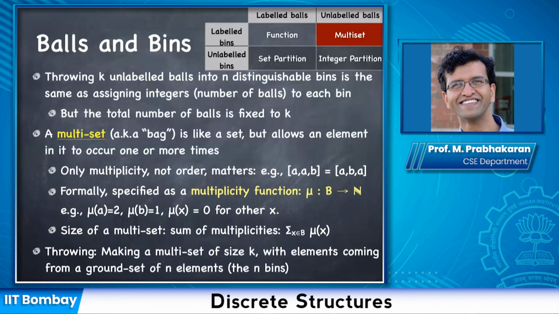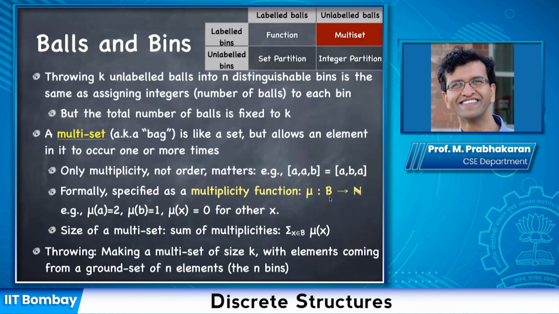Going back to our question of what it means to throw k unlabeled balls into n bins, it corresponds to making a multiset of size k, where the ground set consists of the bins. So there are n bins, and for each bin you assign a count.